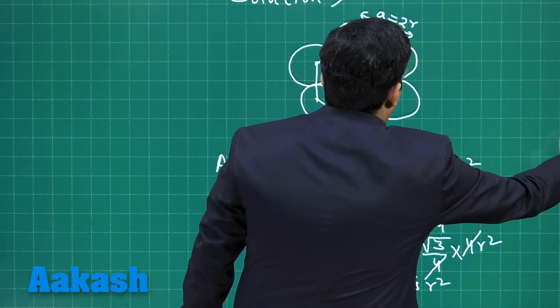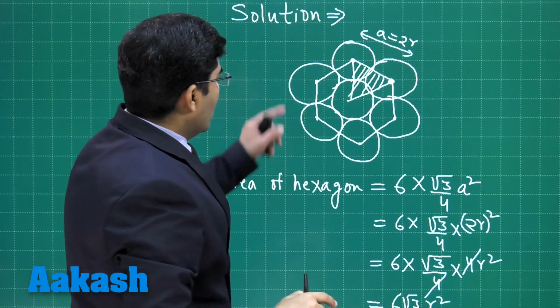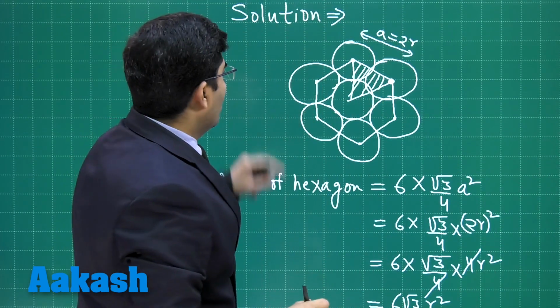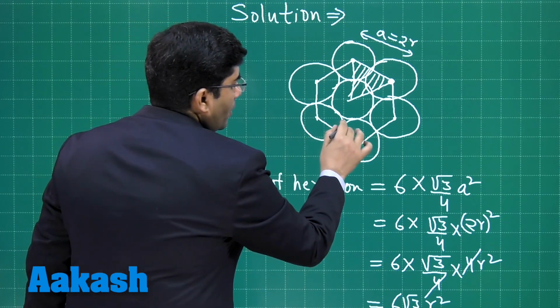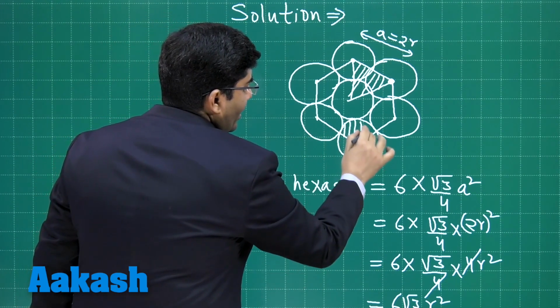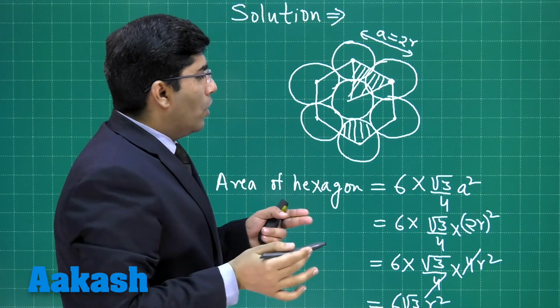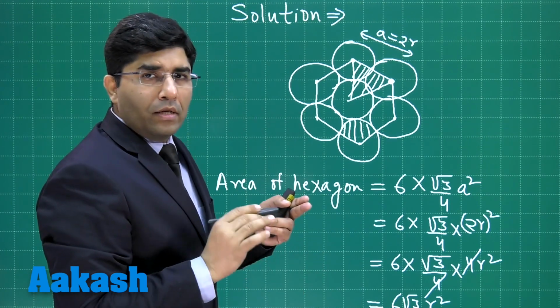Now we have to find out the area of the circles, right? Now this part is 1/3 of the area of the circle, right?